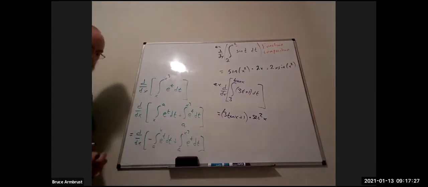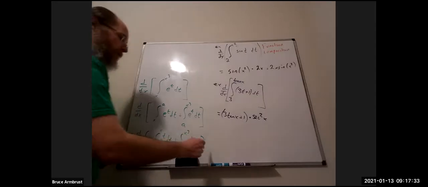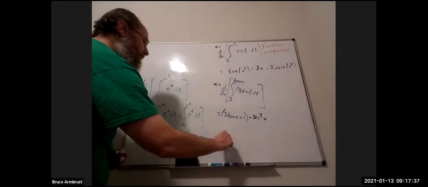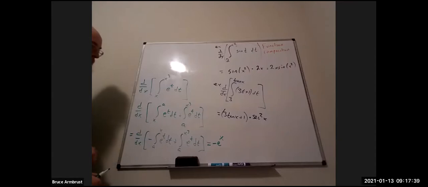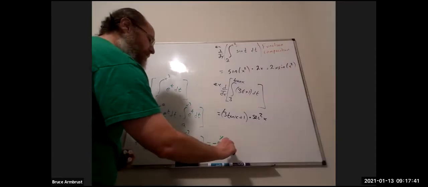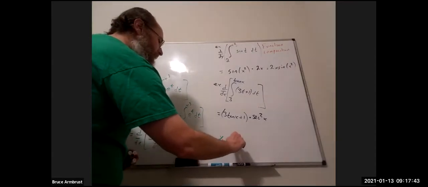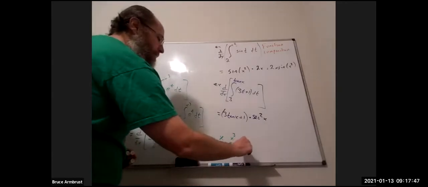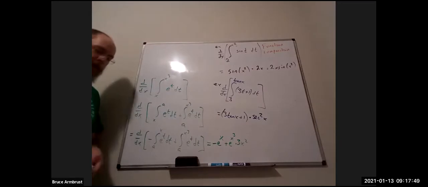So both of these integrals are now ready for me to use the fundamental theorem of calculus. So what we're going to get is a negative e^x, just change that t to x, and plus e^(x^3) times the derivative of x^3, which is 3x^2.